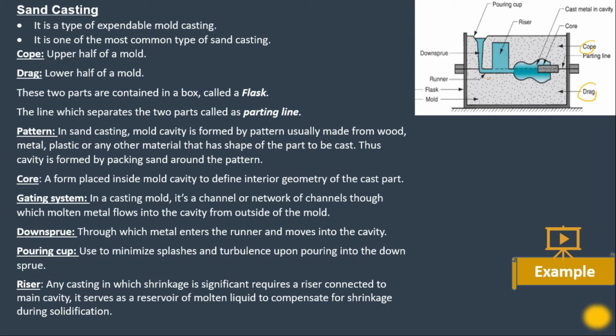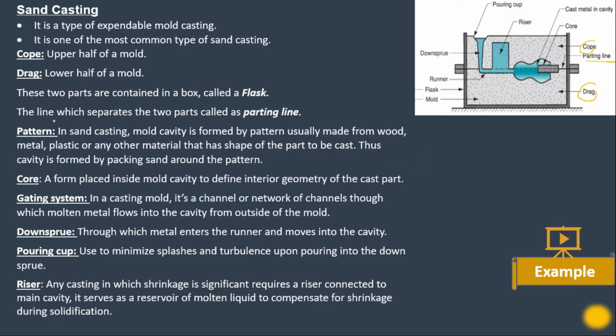Then the line separating these two parts is called the parting line. So the structure of the sand casting has the upper part, the cope, and the lower part called the drag, and the line separating these two is termed the parting line.